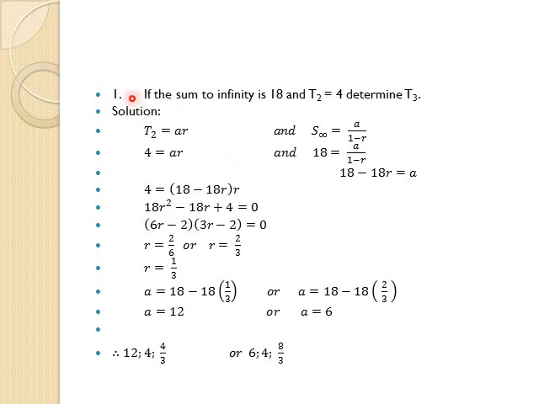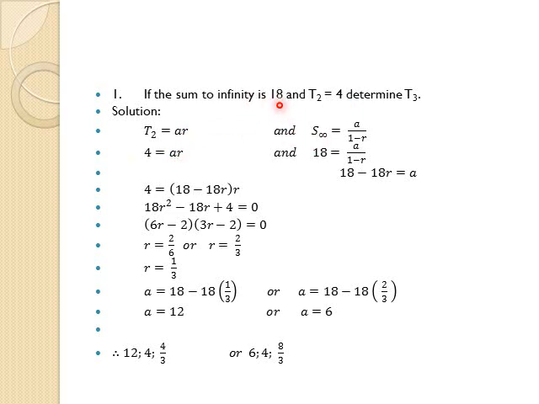Alright, now for the second problem. They say if the sum to infinity is 18 and term 2 is 4, determine term 3. So term 2 equals 4, and term 2 you should know is AR, remember it's n minus 1, 2 minus 1 gives me 1, so I can say 4 equals AR.